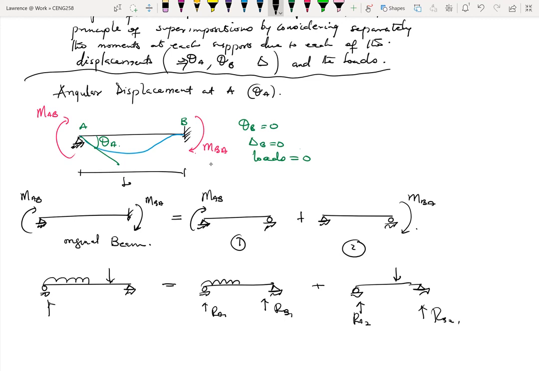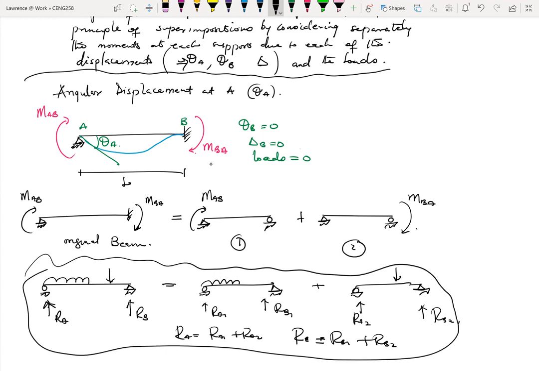And if here is RA, and this is our RB, it simply means that your RA is equal to RA1 plus RA2, and then your RB is equal to RB1 plus RB2. All right, so that's the idea with which we are working. Okay, we're just employing that principle in solving these types of questions. Okay, so this is just something on the side.